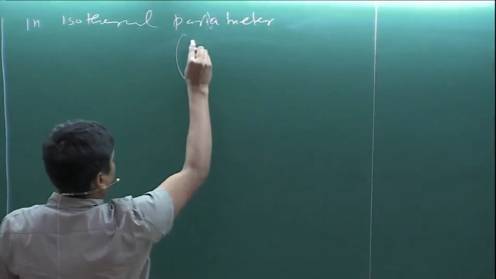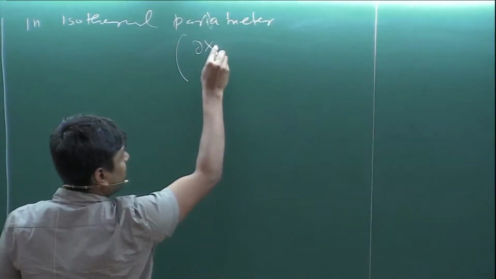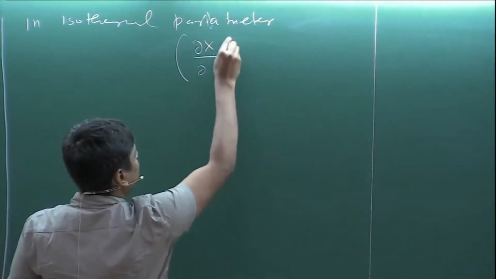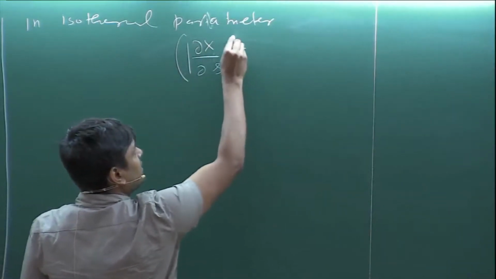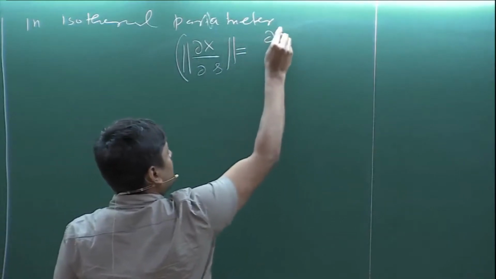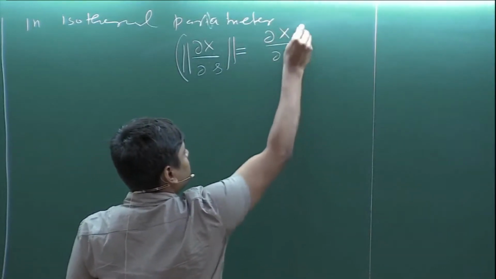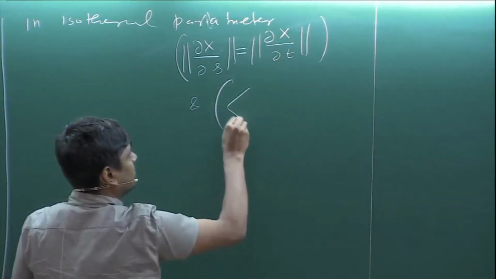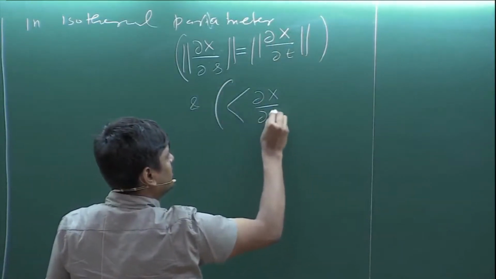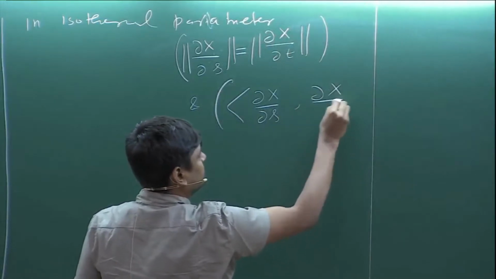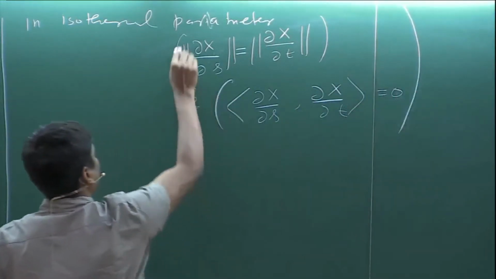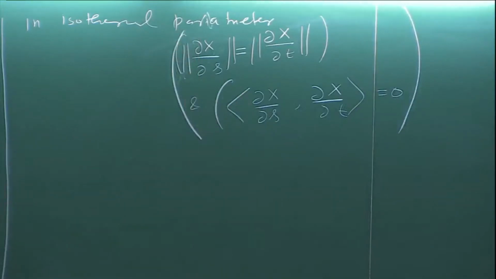What we are expecting is that the norm of del x over del s is equal to the norm of del x over del t, and the inner product of del x over del s and del x over del t is 0. This is isothermal parameter. When I say isothermal parameter, S and T are isothermal parameters.